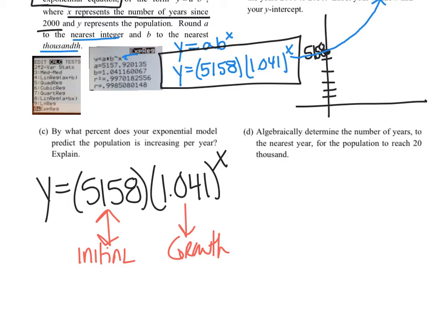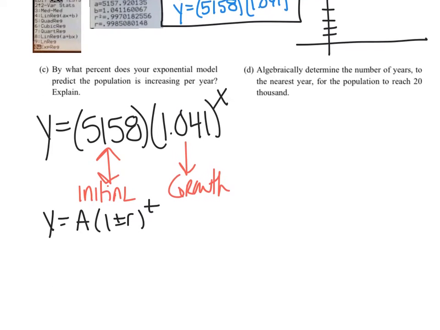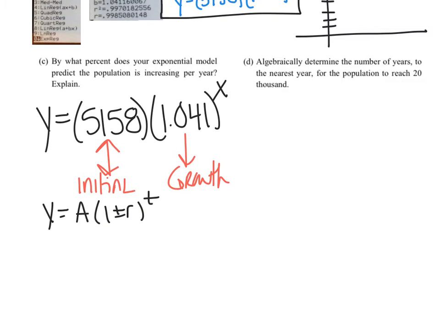Well, obviously from the function you can see that it's exponential growth, but recall that that formula is y equals that initial amount, 1 plus or minus the rate to the time. So since that number is greater than 1, I know that it's growth, and I can simply do 1.041 minus 1 to get me a 0.041. So it is growing at a rate of 4.1%.